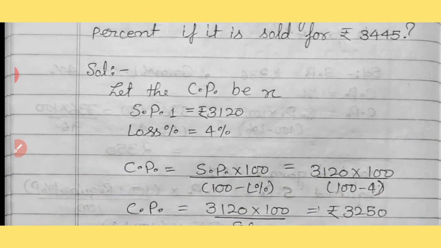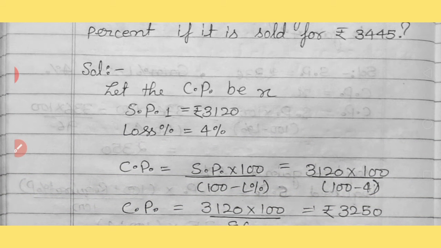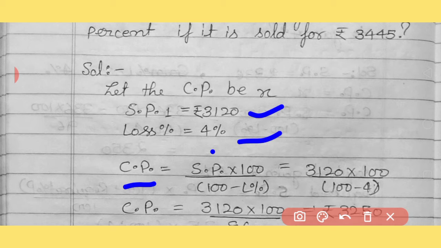So firstly, let the CP be X. SP is given 3120 rupees on which he is getting a loss of 4%. So CP is SP multiplying with 100 divided by 100 minus loss percentage.